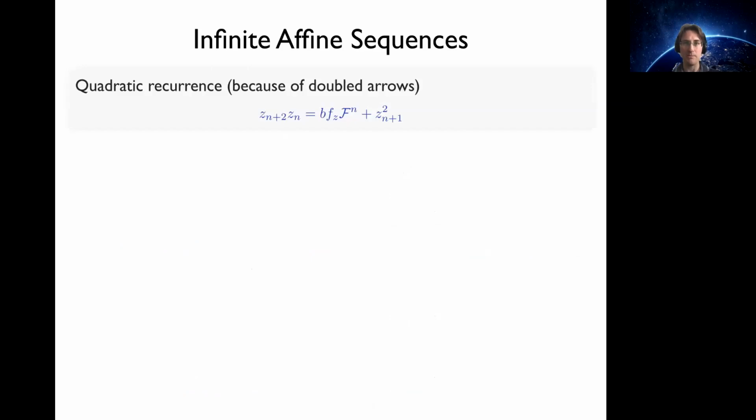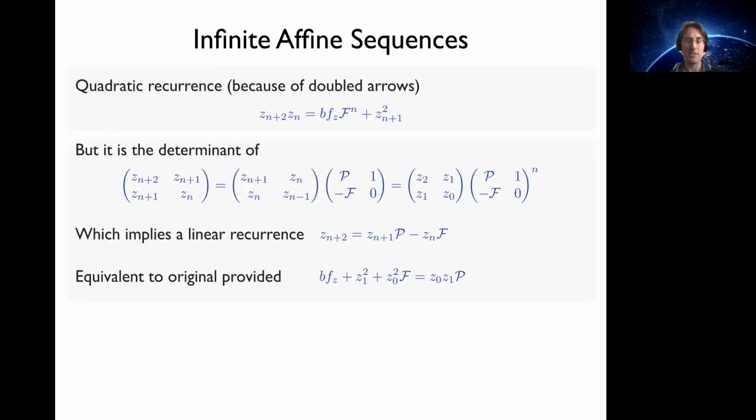Okay, good. Now, let's go back to that recurrence relation. It was quadratic. So I've just written it up again. That was the form of it for the Z branch. And it's quadratic again because we had doubled arrows.